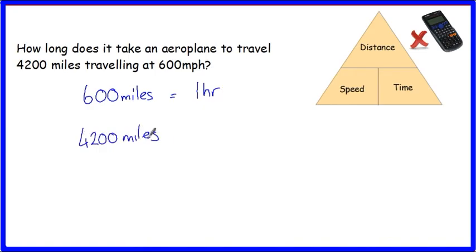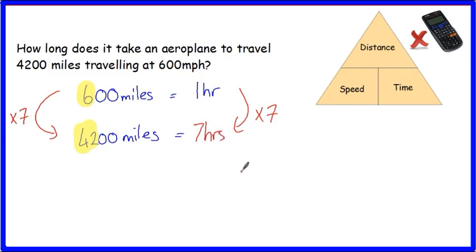This is reasonably nice if I just concentrate on the 6 and the 42, it's going to be times by 7. So I'm going to times that by 7. It's going to be 7 hours.